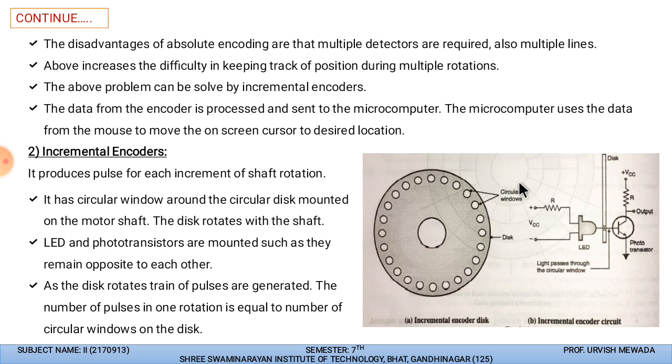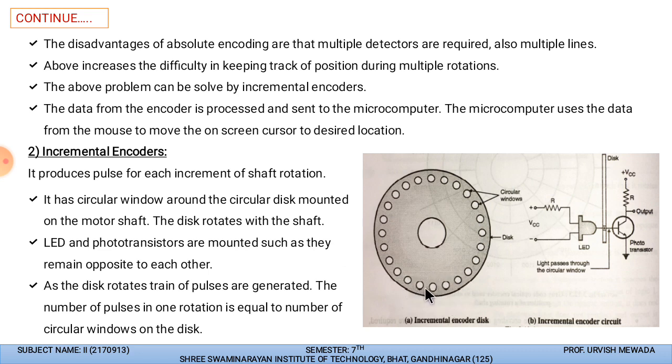Whenever the shaft rotates, the disc mounted on the shaft also rotates. The LED and phototransistor are mounted such that they remain opposite to each other. As the disc rotates, a train of pulses is generated.